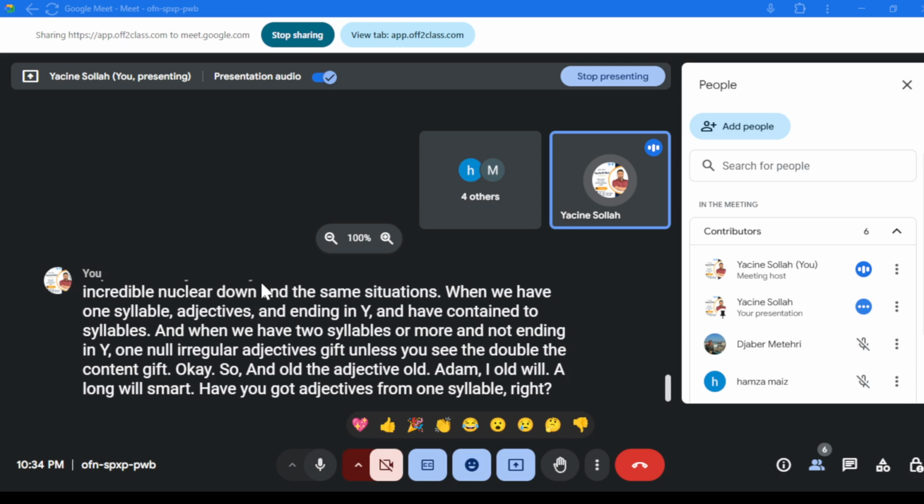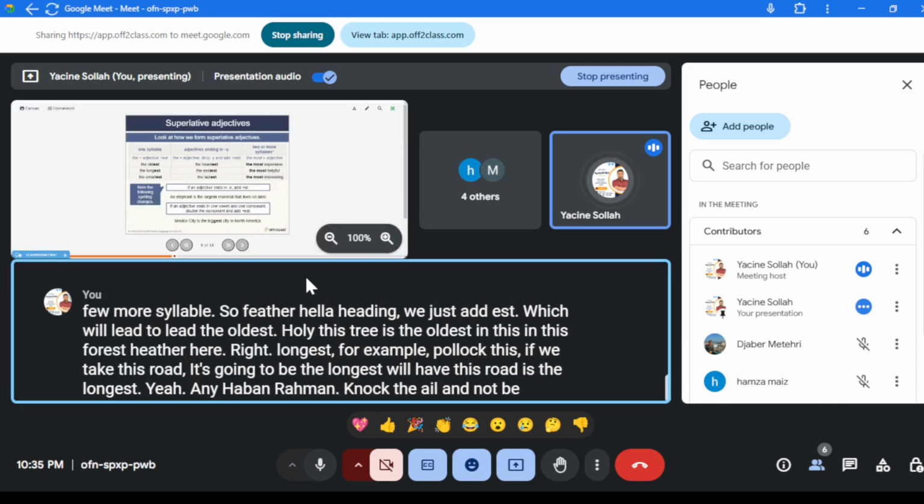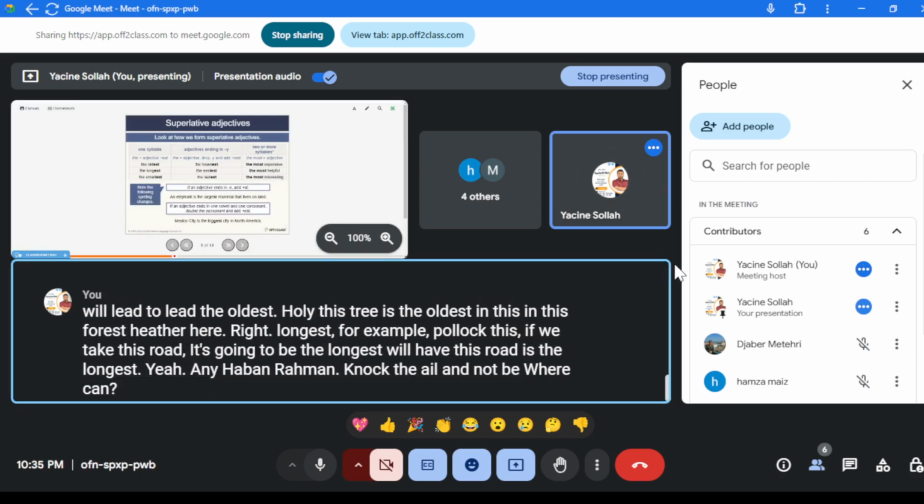Right. Longest, for example, نقول لك this, if we take this road, it's going to be the longest. ولا this road is the longest. يعني حاب نروح مثلا من نقطة A إلى نقطة B، وكاين أكثر من طريق، مثلا كاين 3 طرق.